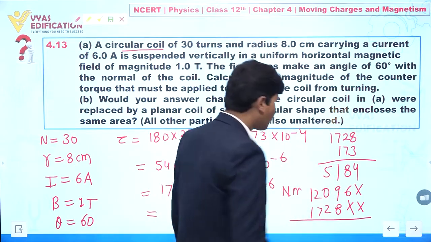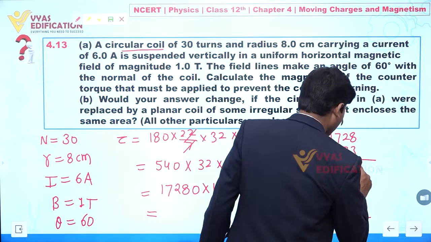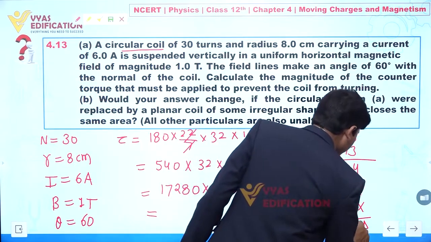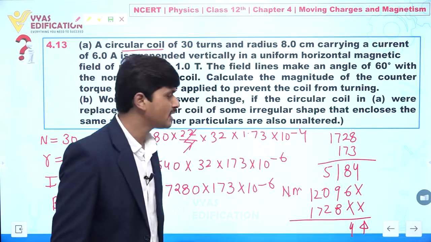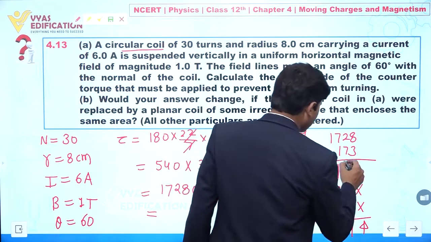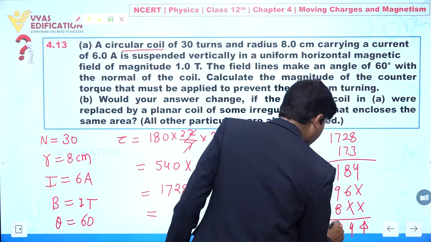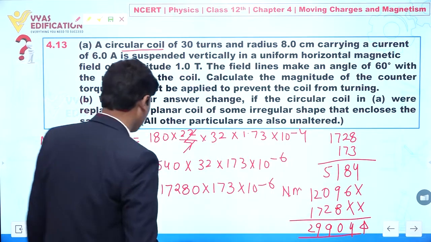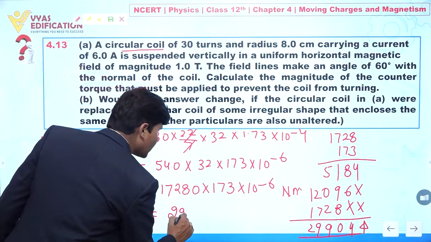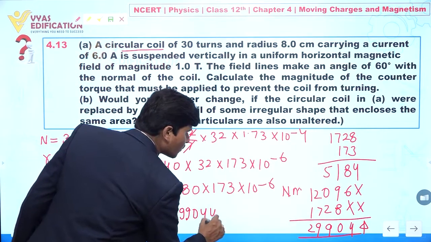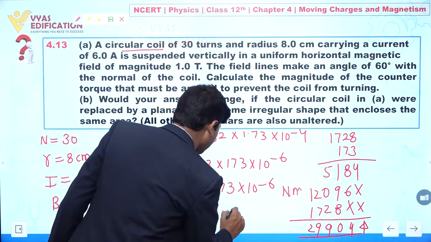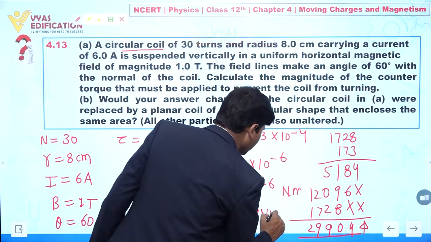From here we get the final value 2990 44, so 299044, multiplied by 10 to the power minus 6 Newton meter.